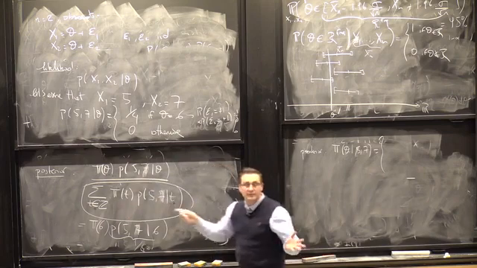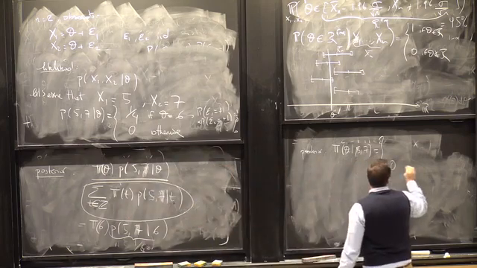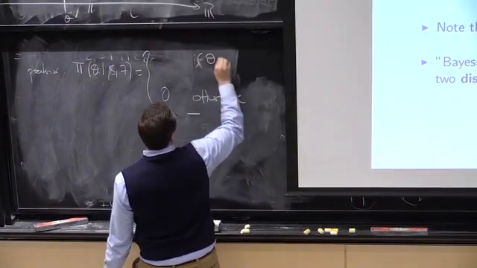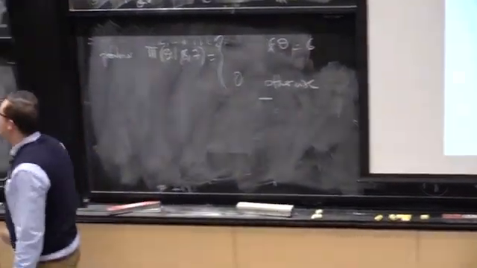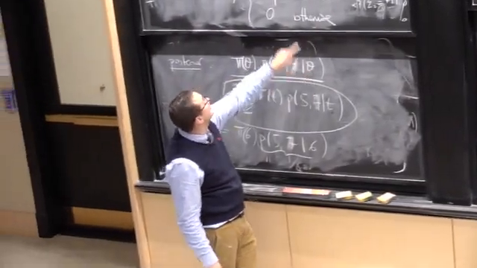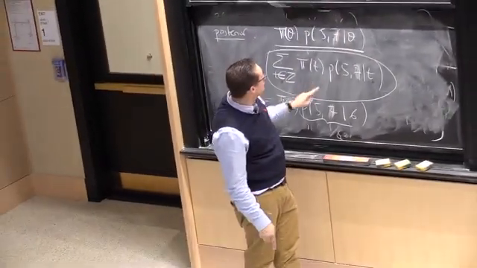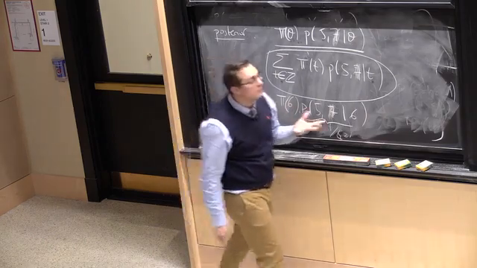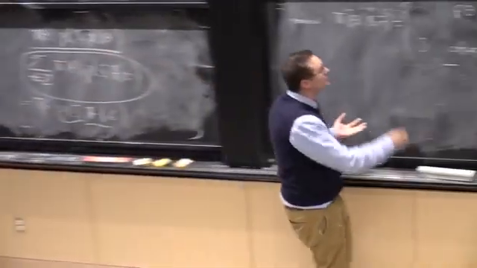So regardless of what I do here, I get something which is 0. And if theta is equal to 6, what I get is pi of 6 times p of 5, 7 given 6, which I've just computed here, which is 1/4, divided by pi of 6 times 1/4. So it's the ratio of two things that are identical, so I get 1.